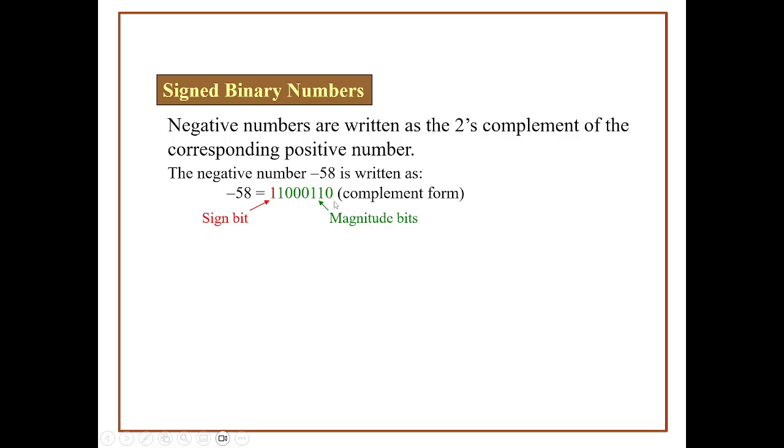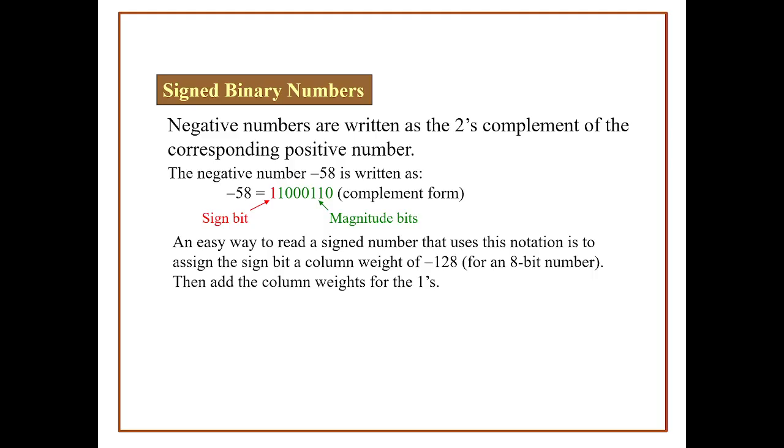I still remember, right? So we can find the two's complement, and then you can see the sign bit here, and this is the magnitude bits. So again, negative numbers are written in the two's complement of the corresponding positive numbers. Two's complement. Still remember how we do that?